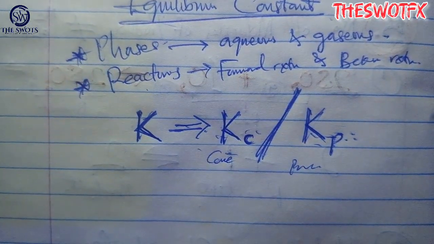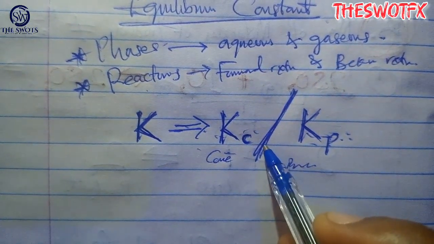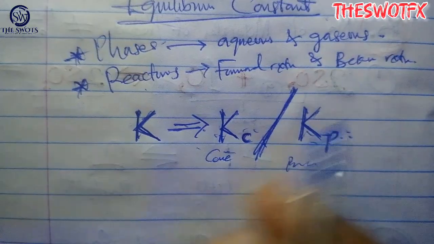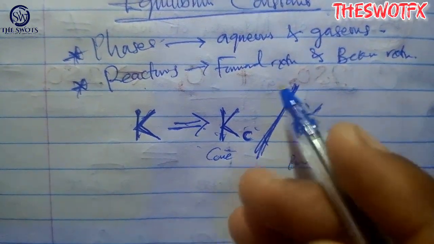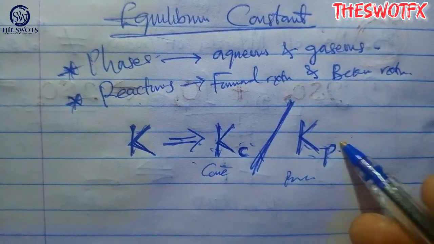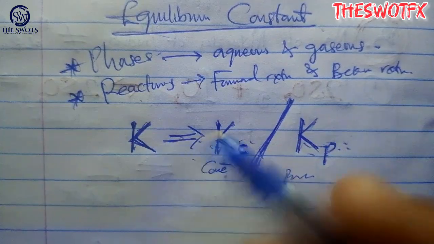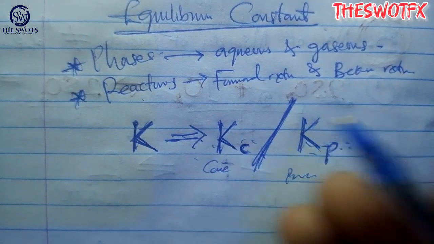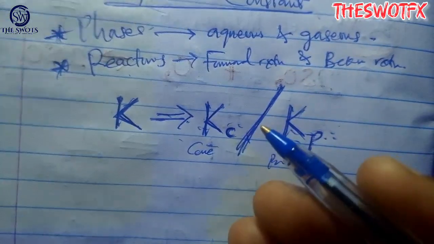Before we get to this point, we need to understand how we can evaluate the constants for a particular chemical equilibrium.